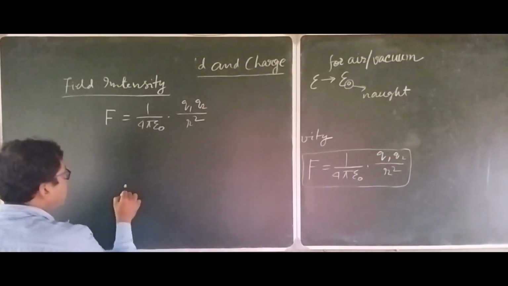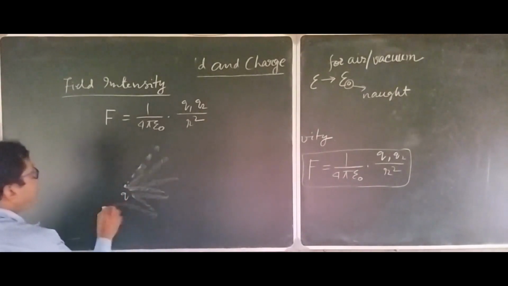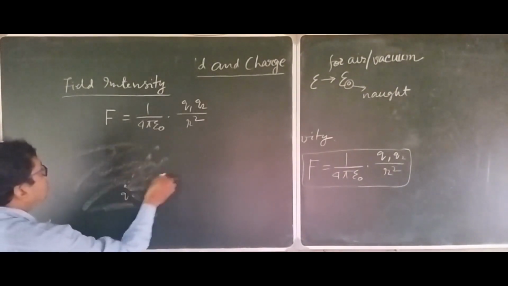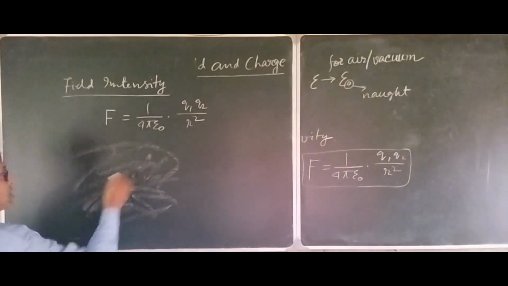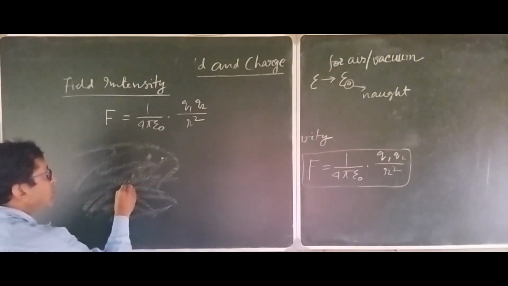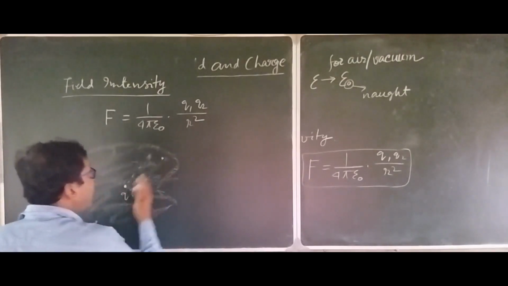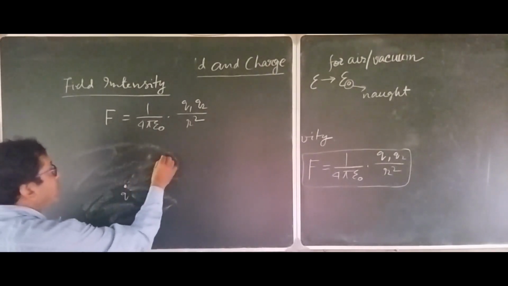Here is a charge, it produces a certain space around it in which when any other charge is placed, it feels the attraction or repulsion due to this charge. It will start repelling or attracting this new charge.